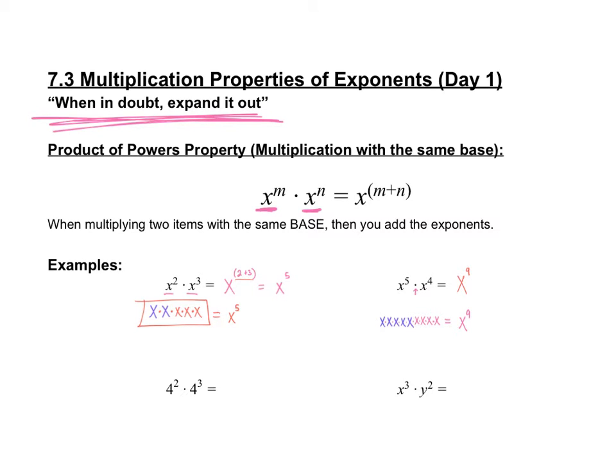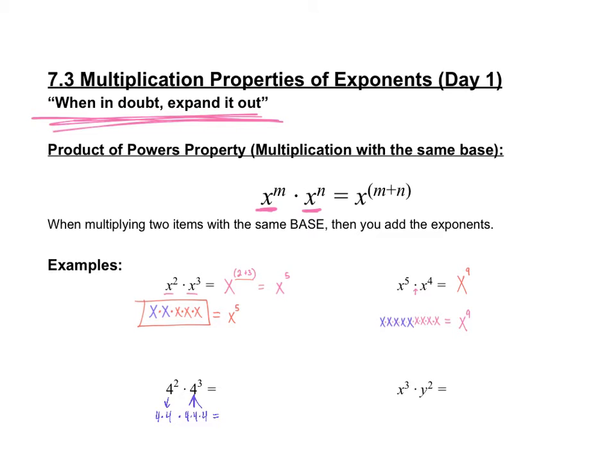Now we have actual values. This one we're going to do 2 separate ways. First is if we do it separately. 4 squared is 4 times 4. 4 cubed is 4 times 4 times 4. Actually, I lied, we're going to do it 3 ways.